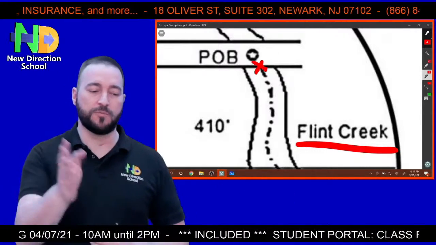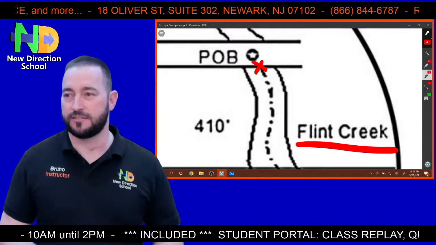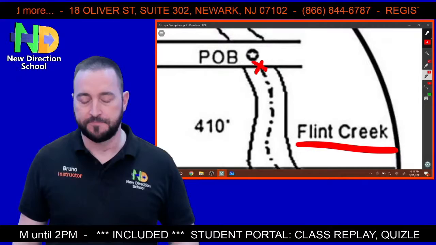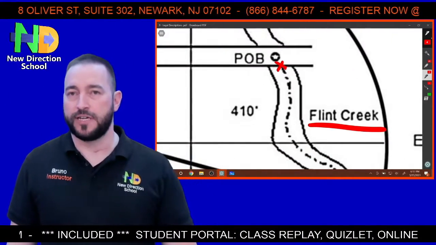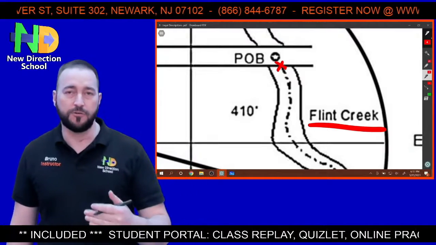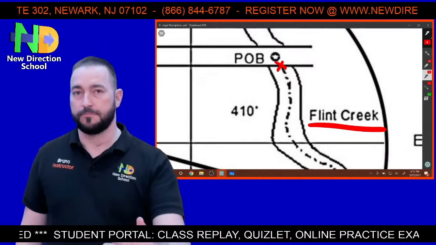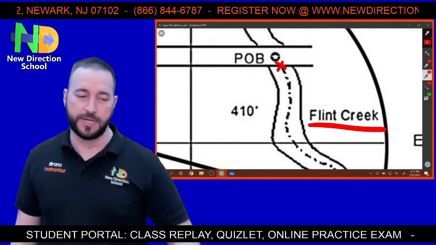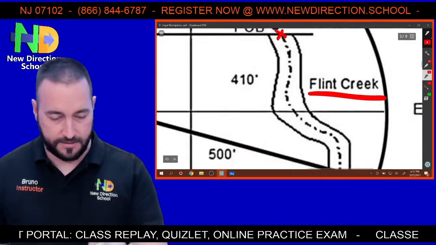Anything with a stream or a waterway is called riparian rights. Riparian for river, stream, right? So the reason why this starts at the middle of the creek is because the riparian rights allow you to own the property all the way to the middle of the water. Beyond the middle of the water belongs to somebody else, all right? So we identify that.